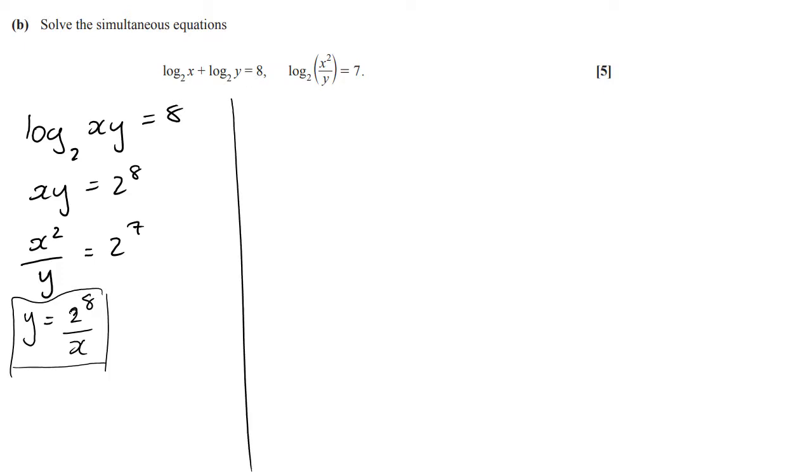into the second equation. If I start back over here, we would have then x squared times 2 the inverse, because it's on the bottom, so it's going to be flipped, times x over 2 to the 8, and that is equal to 2 to the 7. So we would have x cubed equals 2 to the 7 times 2 to the 8.